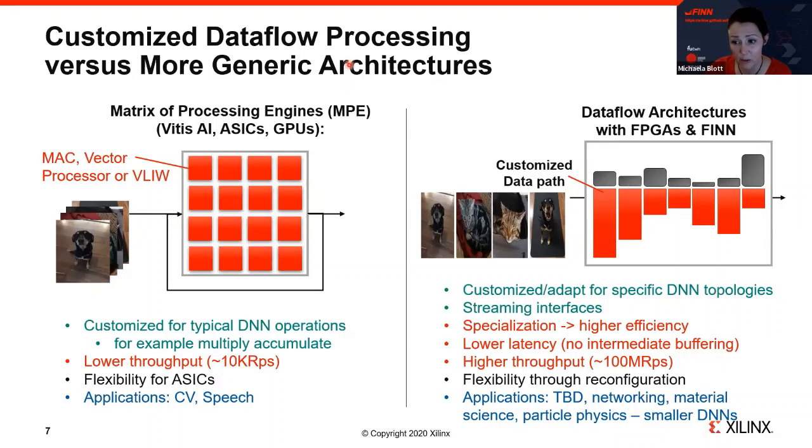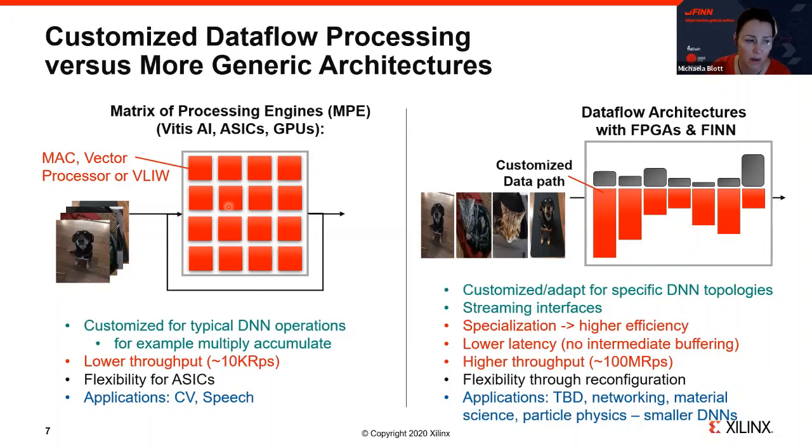Here we distinguish between 2 forms of architectures. We have the more generic matrix of processing engines, or MPE for short, on the left, and dataflow architectures on the right. Matrix of processing engines is probably the most popular approach. This is what's used by GPUs and many of the ASICs.